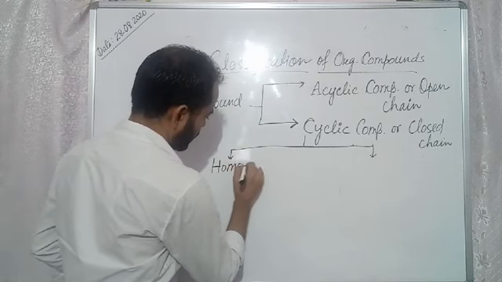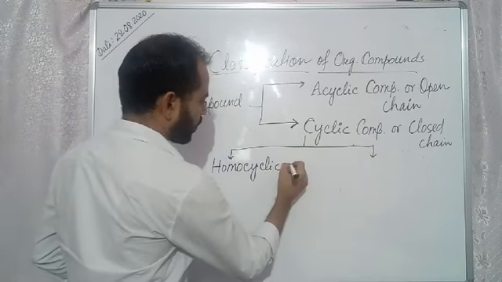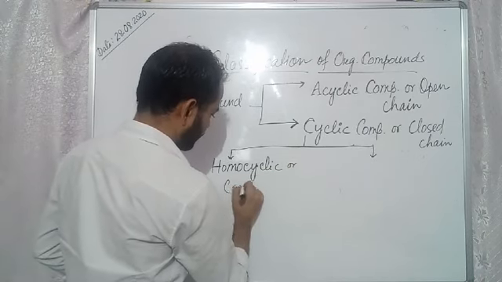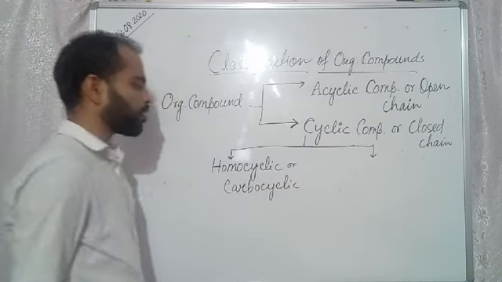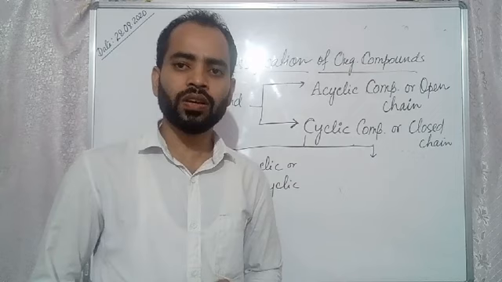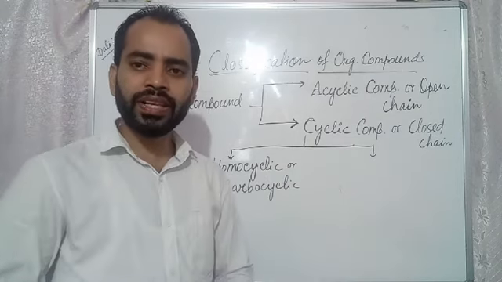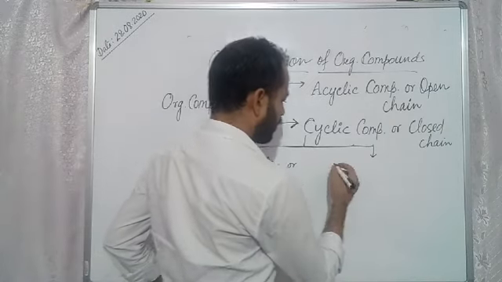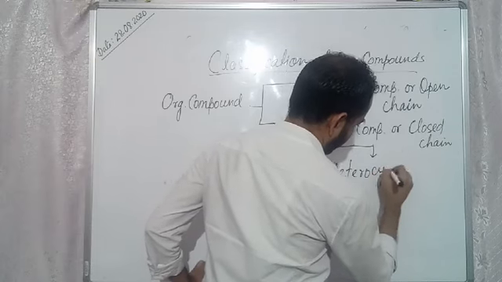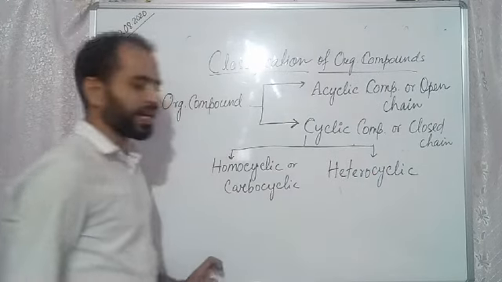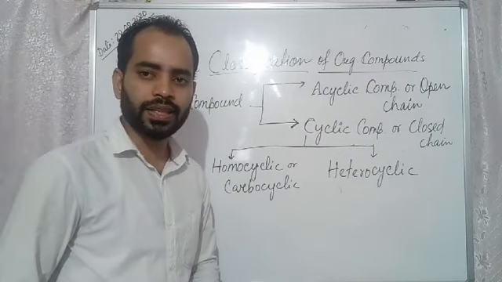First one is called homocyclic or also called carbocyclic compound. Homocyclic or carbocyclic compound. And the remaining one, another category is called heterocyclic compound. Homocyclic and heterocyclic.